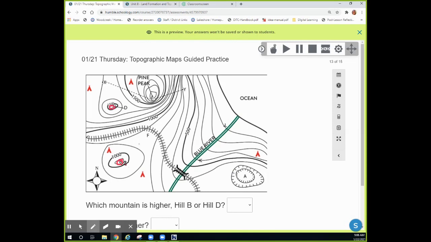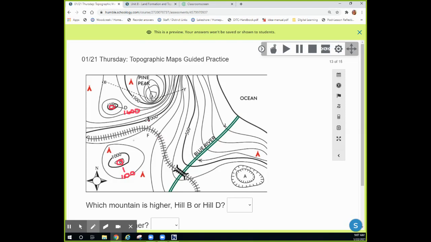Okay, so let's calculate the elevation at B. This index tells me that this line is 1,000, so B has an elevation of greater than 1,100. We're going to estimate. Okay, and then D, our contour index says 1,500, so that means D has an elevation of 1,600 because each line is increasing by 100.